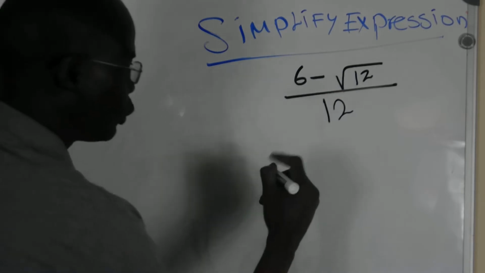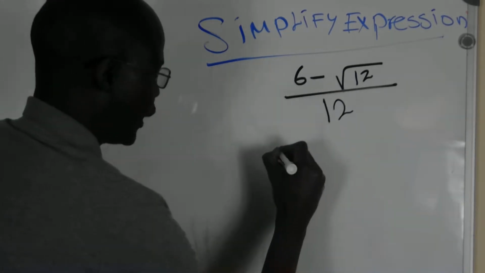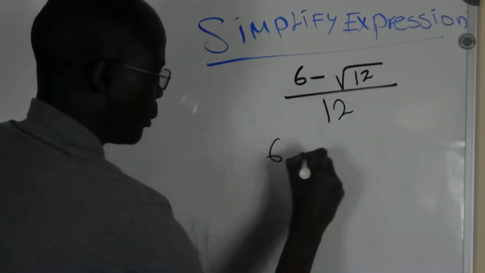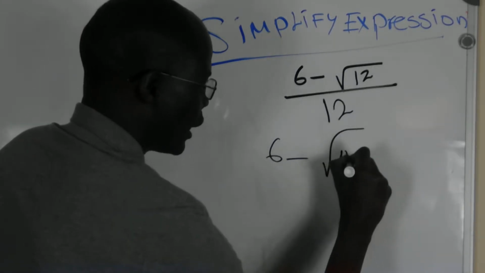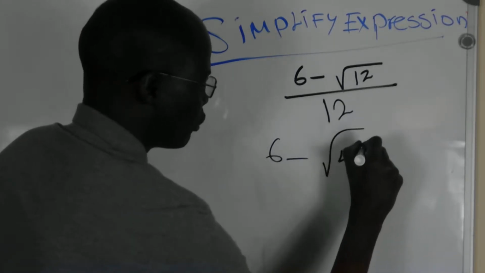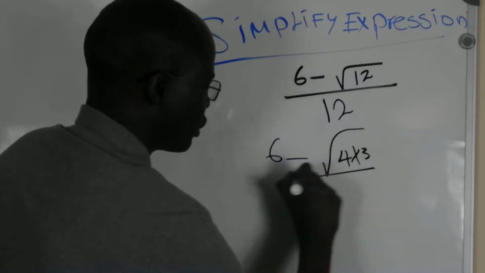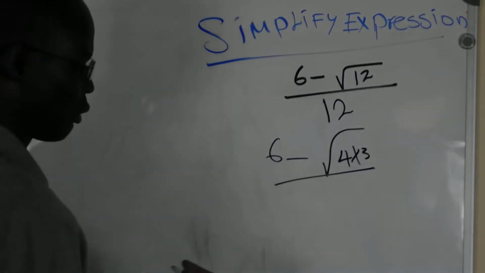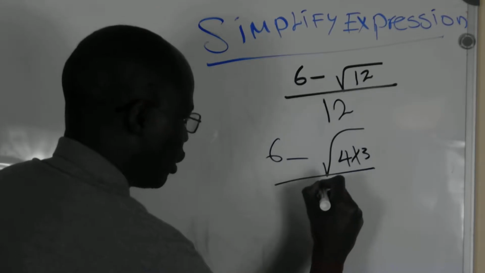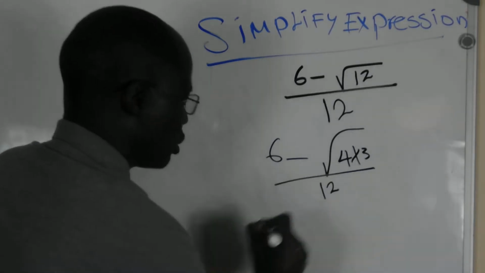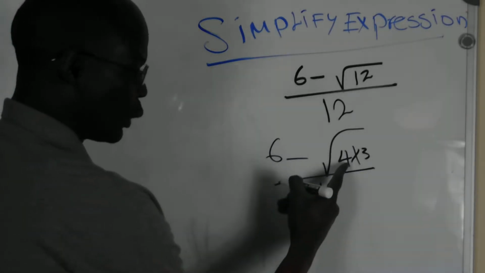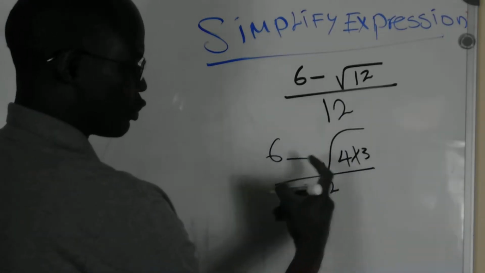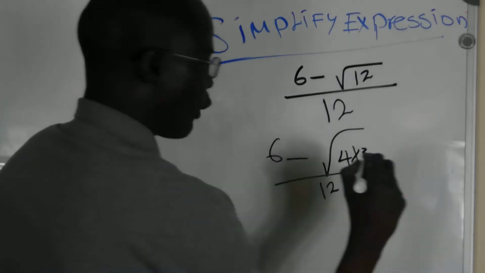So here we have 6 minus, and this one is 4 times 3. I just want to show you how this process goes. The whole thing divided by 12. As you can see, the number that comes out is 2. Why?